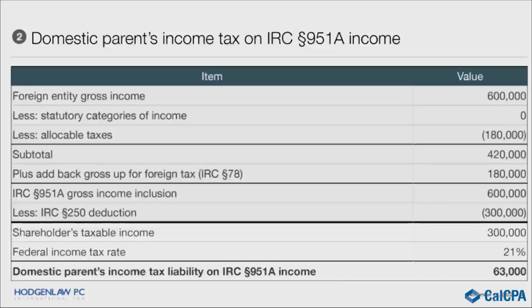You subtract 50% of that, the $300,000, because of Section 250. So the shareholder, in this case a C corporation, has taxable income of $300,000, has a corporate income tax rate of 21%. Corporate income tax liability is $63,000. Same as the Section 962, to nobody's surprise.